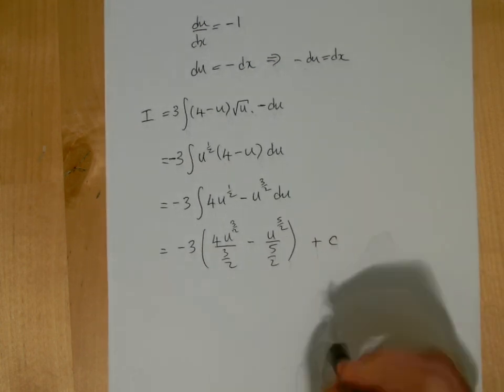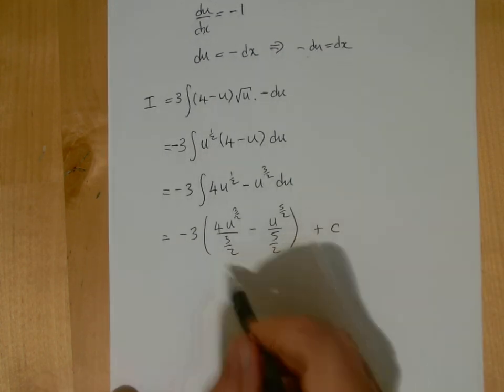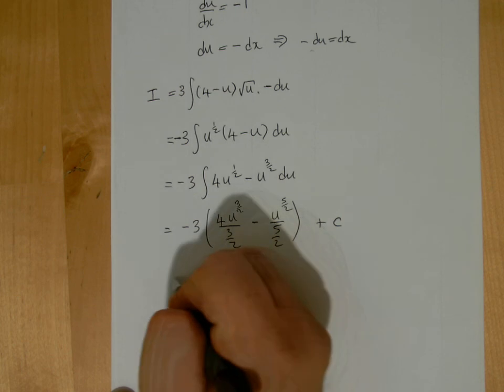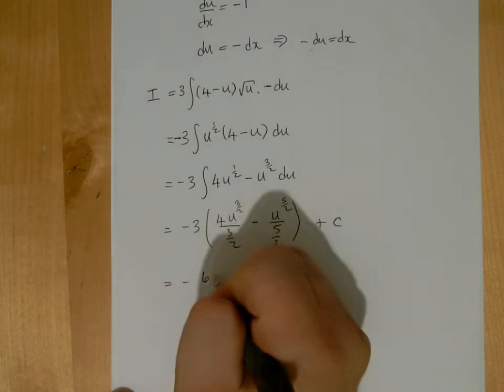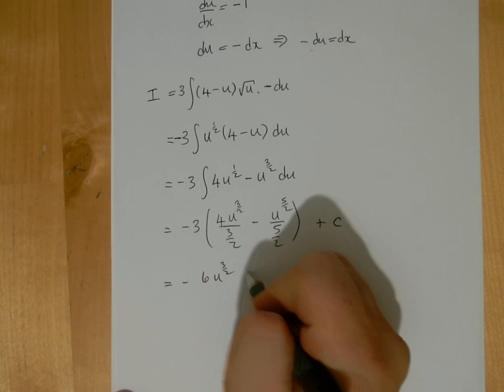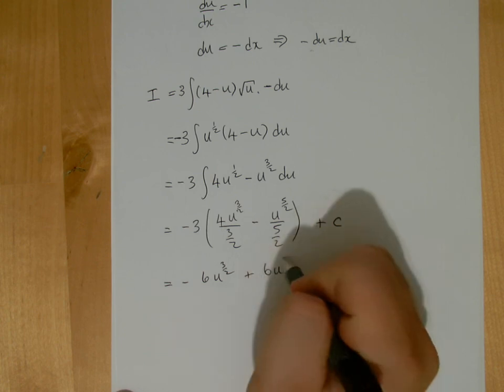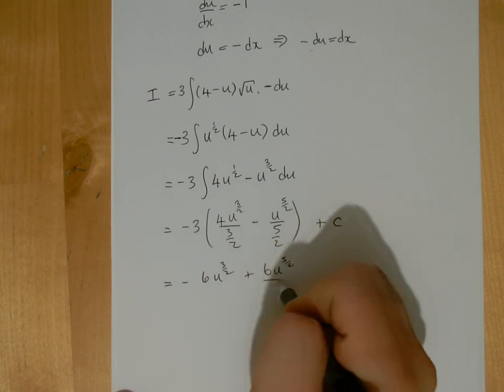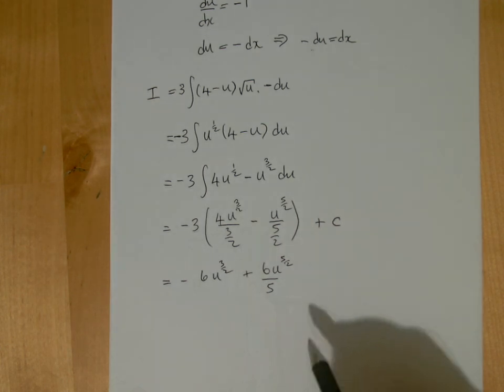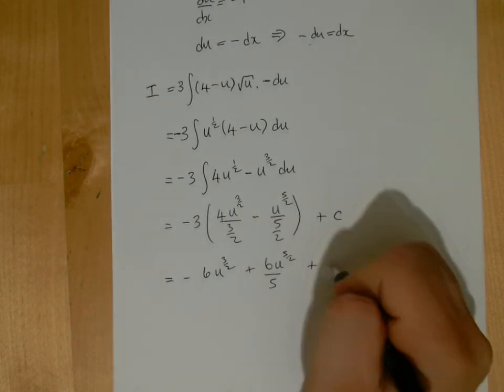So we can simplify this, and multiply through by the minus 3 as well. When you multiply minus 3 and this, you'll get minus 6u to the power 3 over 2, and then plus 6u to the power 5 over 2 over 5, when you multiply through by the 3 as well. I'm not forgetting the constant.